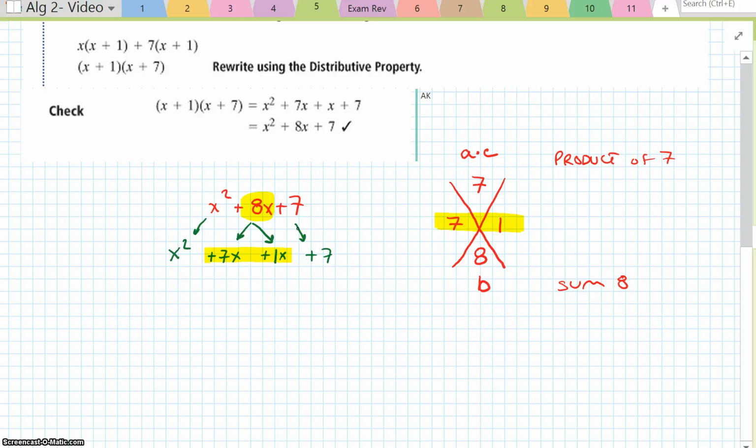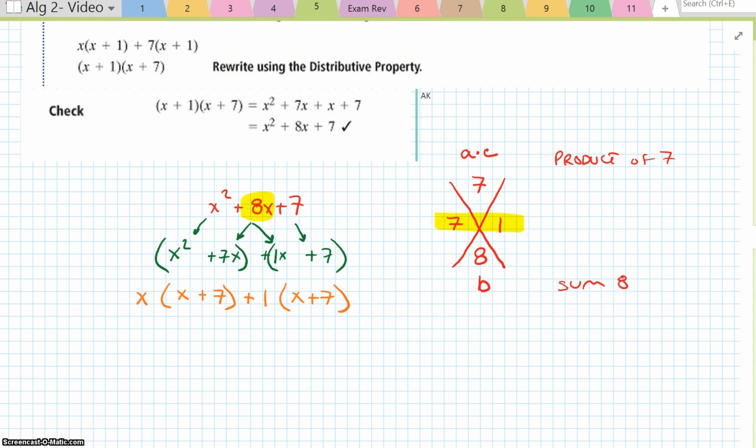Okay, basic laws of math say I can group any sets of terms I want. So we're going to group the first set of terms, and we're going to group the second set of terms. Looking at the first set of terms, what can I factor out of that? I can factor out an x, and what do I have left? X plus 7. Okay, what can I factor out of the second grouping? Nothing really, but I can always factor out a 1, and that's going to give me x plus 7.